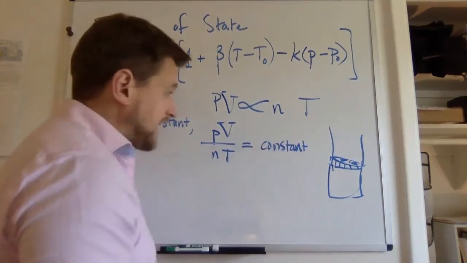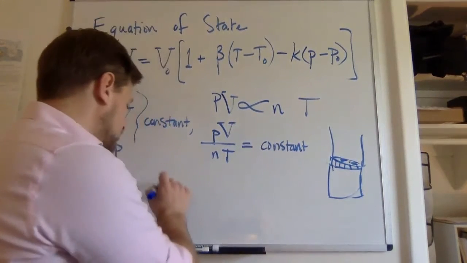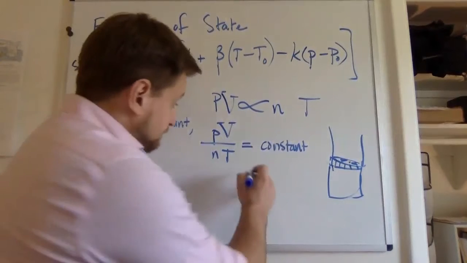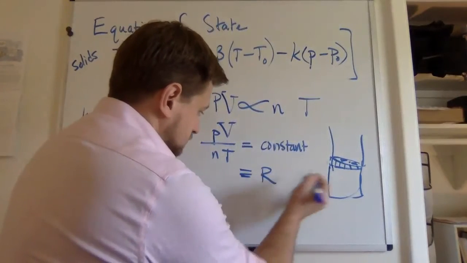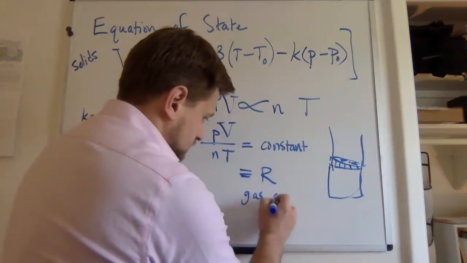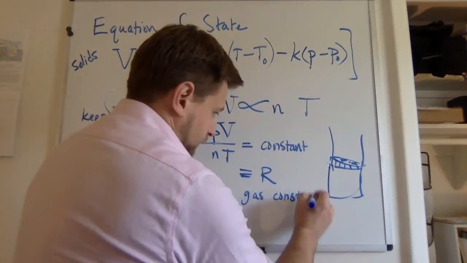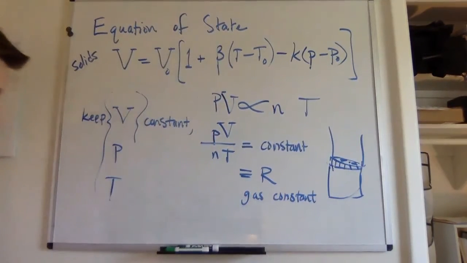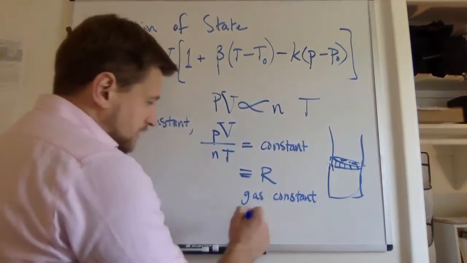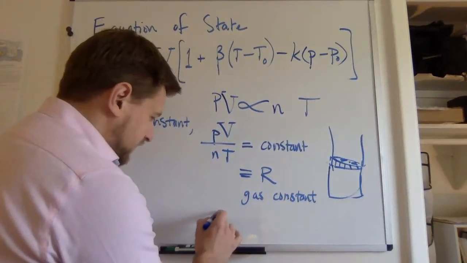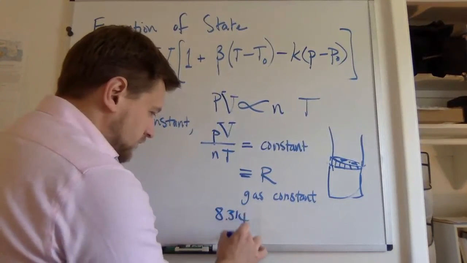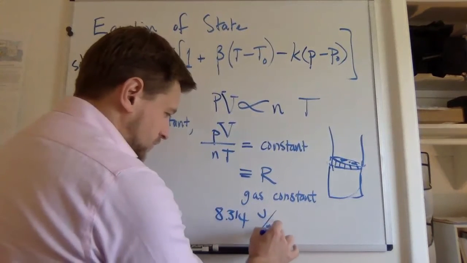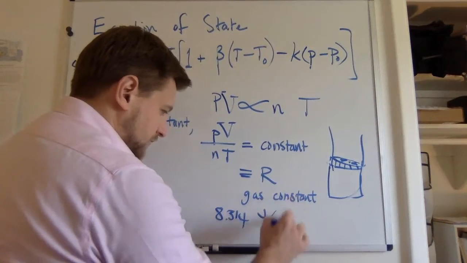We just need a name and a number for that constant. The gas constant, and its value is 8.314 joules per mole Kelvin.